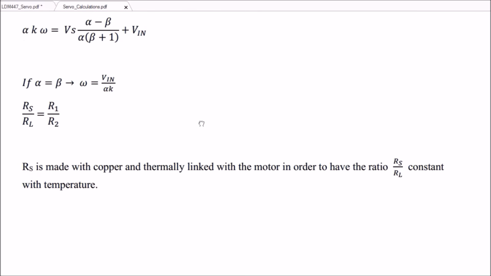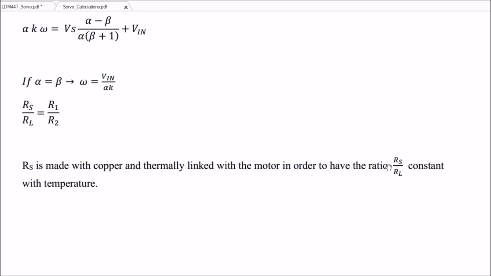So we effectively need to have a constant ratio Rs over Rl. This is why the current sense resistor Rs is made with copper, and it is located around the motor in order to have the same temperature. Therefore the ratio Rs over Rl is constant versus temperature. This permits to have an optimum damping at all temperatures.